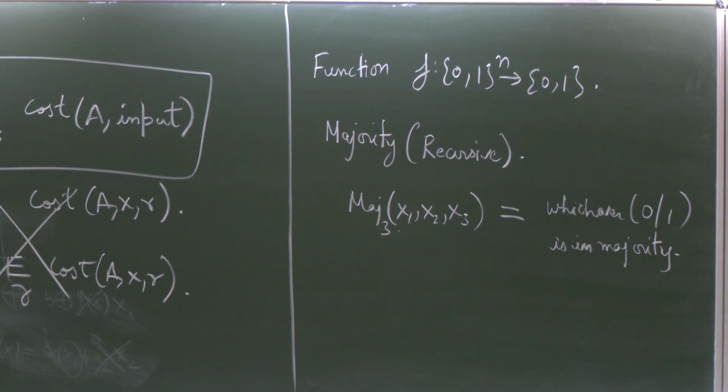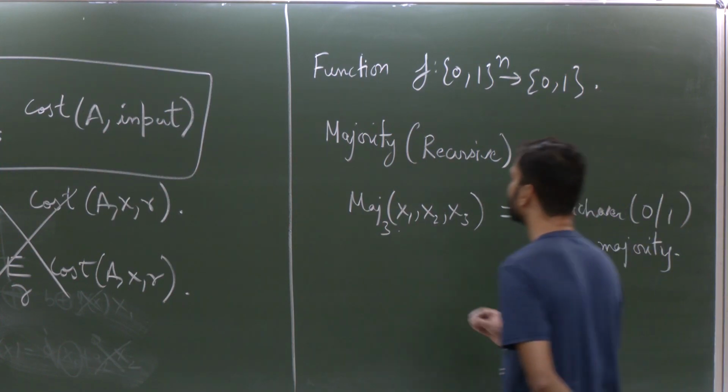Now, if I want a deterministic algorithm where I want to succeed with probability 1, there is no randomization, how many bits will I have to see in the worst case? All.